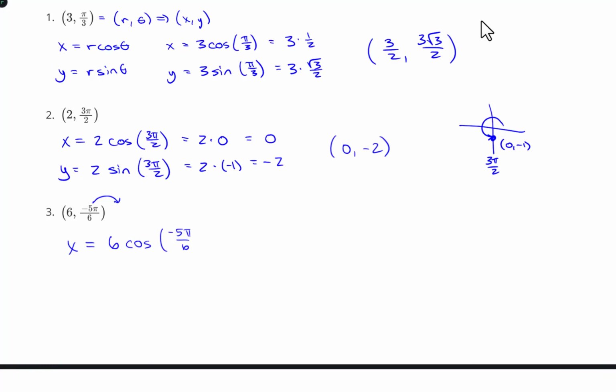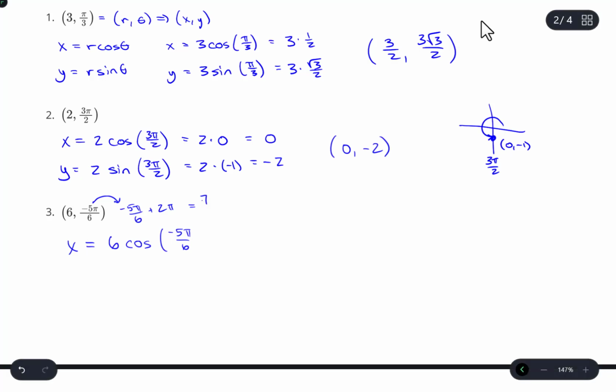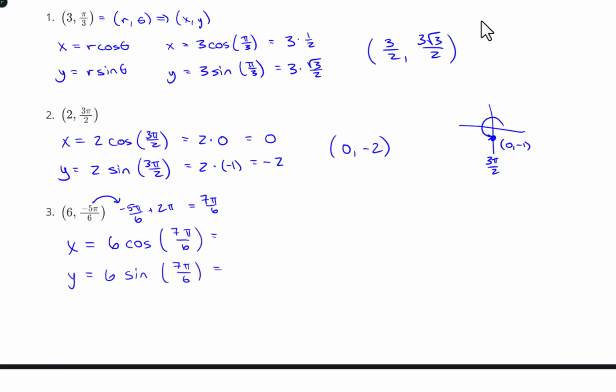So negative 5 pi over 6, if I do that value plus 2 pi, that would be, 2 pi would be 12 pi over 6. So this is really 7 pi over 6. I'm not really sure that that's a whole lot easier to work with there. Regardless, you can, of course, use your calculator here. And just make sure you give exact answers in the end.